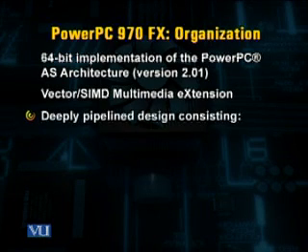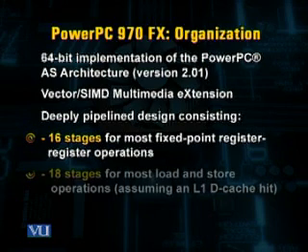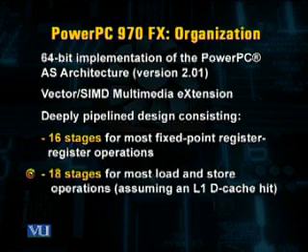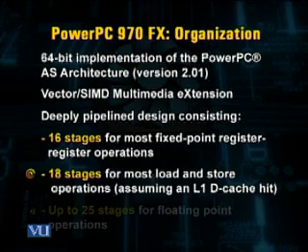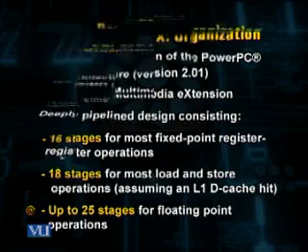It is a deeply pipelined design, which consists of 16 stages for most fixed point register operations, 18 stages for most load and store operations, and up to 25 stages for floating point operations.